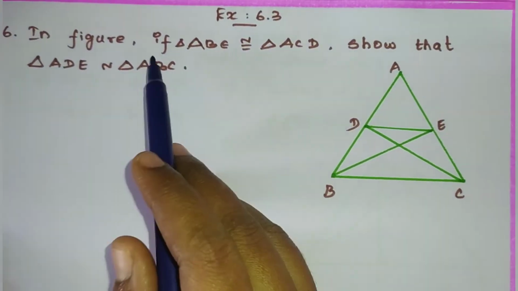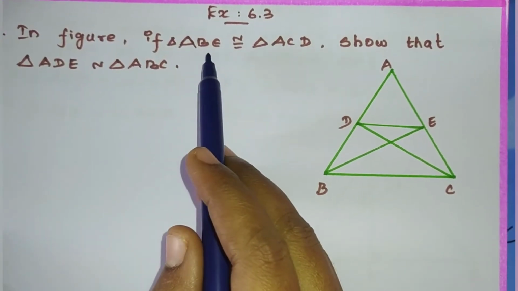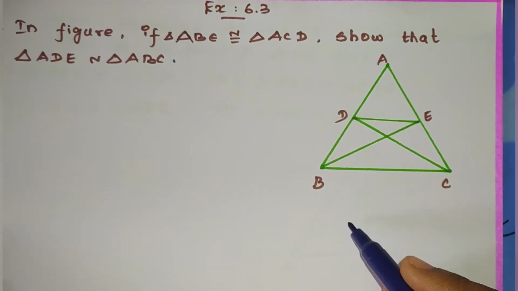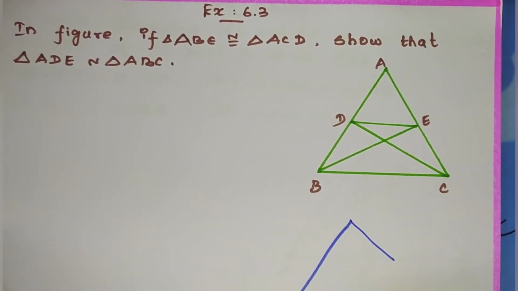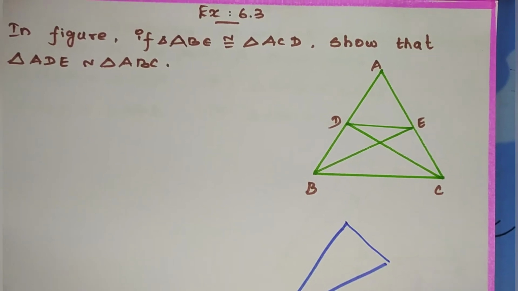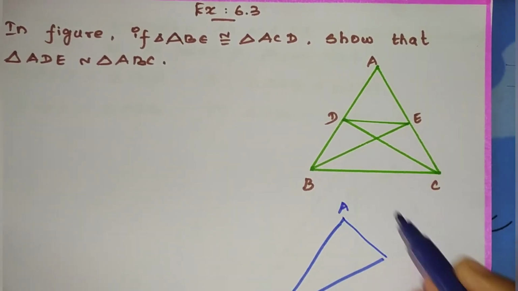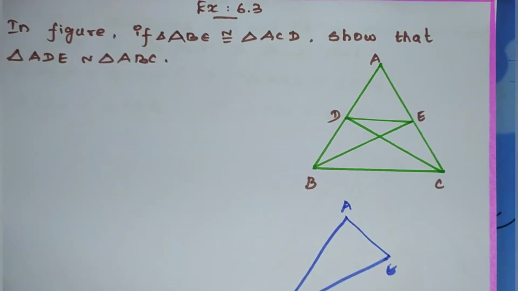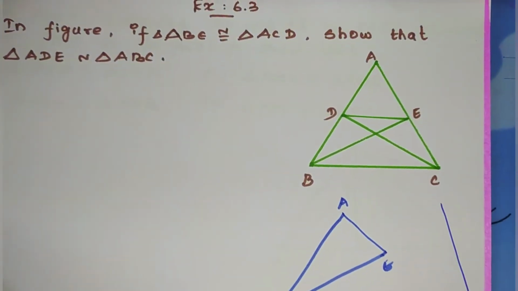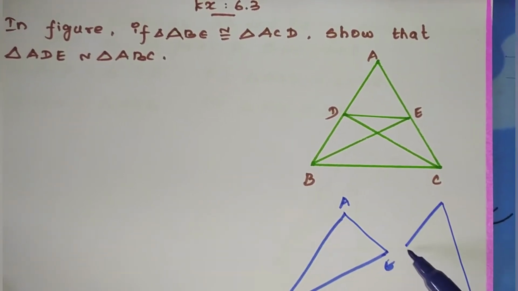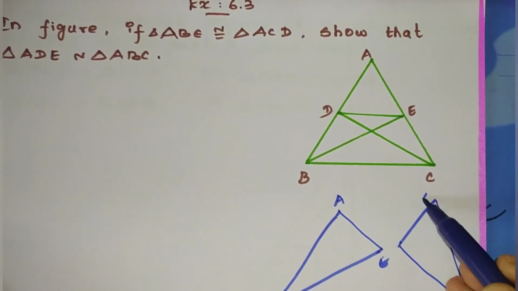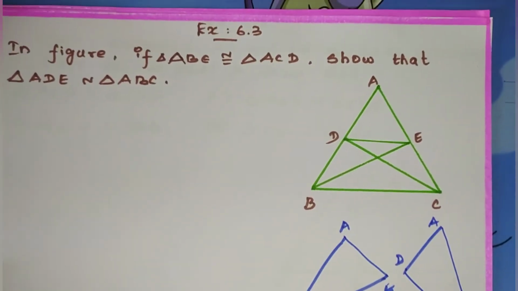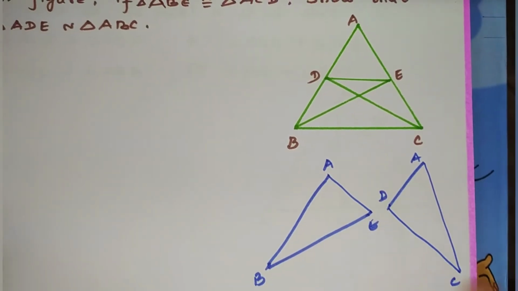In this figure, triangle ABE is congruent to the triangle ACD. These two triangles are congruent.